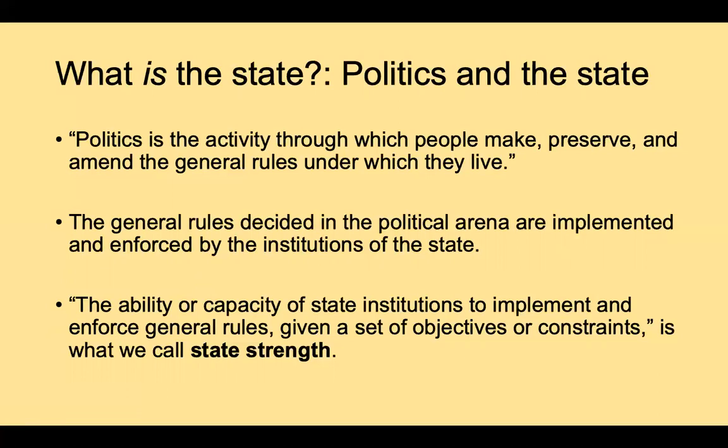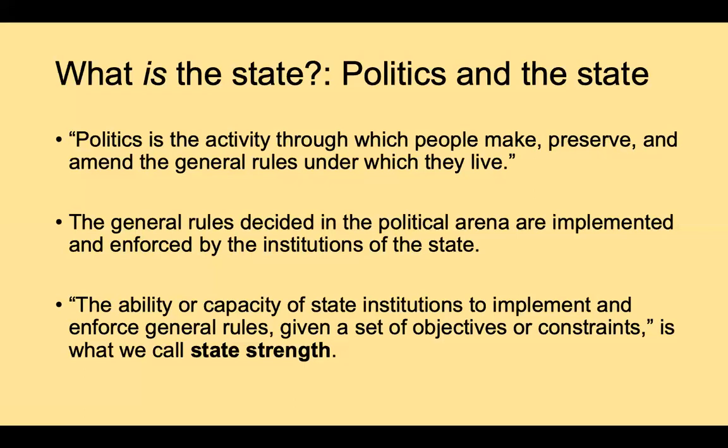Those general rules decided in politics are implemented and enforced by the institutions of the state. So state institutions are involved in imposing the rules that are determined and chosen in politics through the political process. Now, the ability or the capacity of state institutions to implement and enforce those rules, given objectives and constraints, that's what we call state strength.